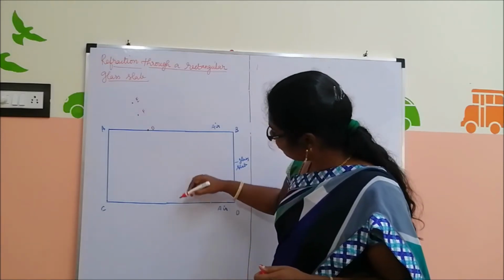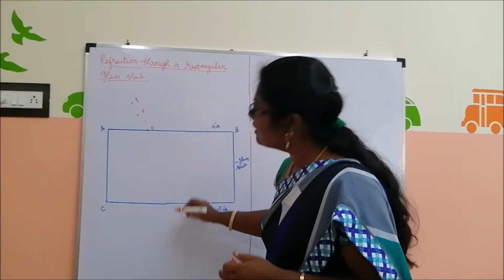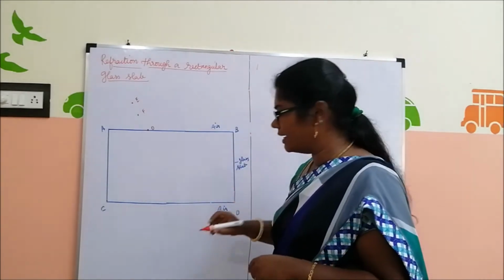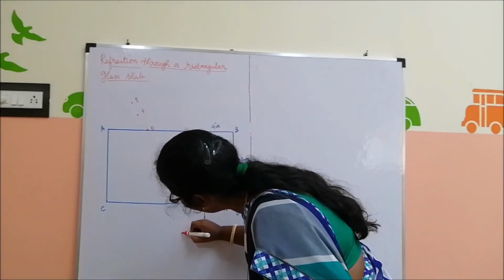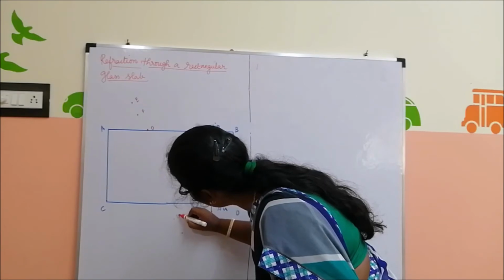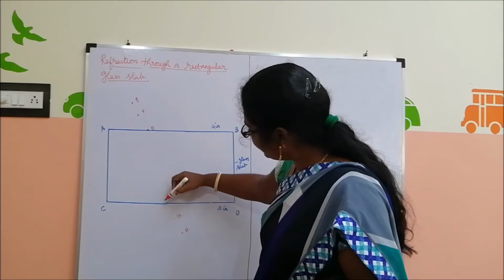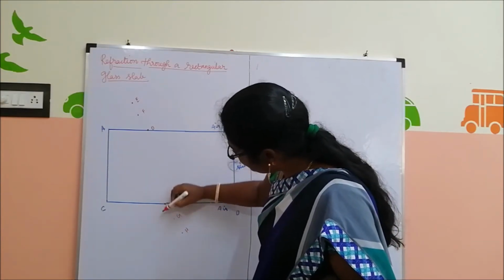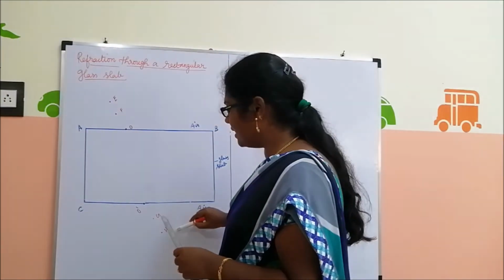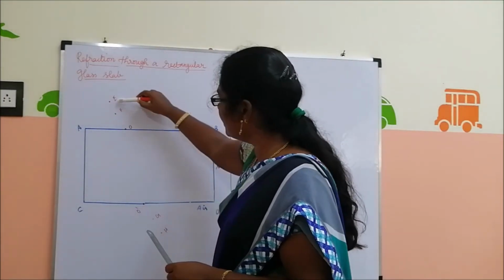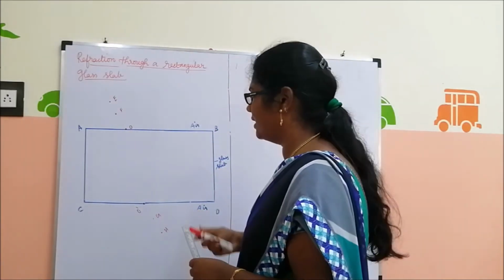Where we get the image of EF, at that point we should place the other 2 pins G and H, in such a way that if we draw a line, it should hit the point O dash. So we should place the pins G and H in such a way that all four points lie in a straight line.